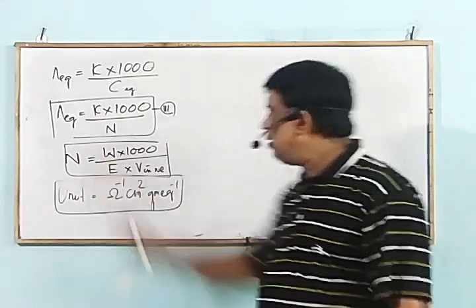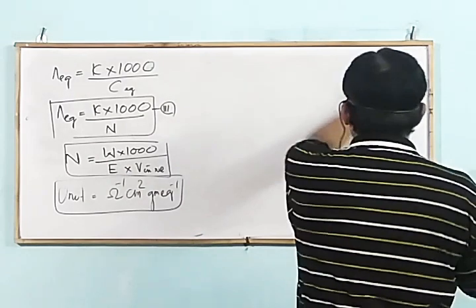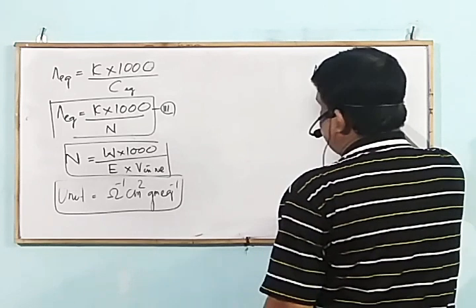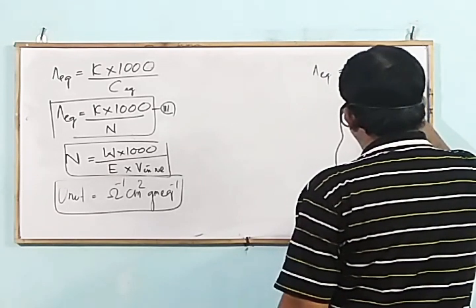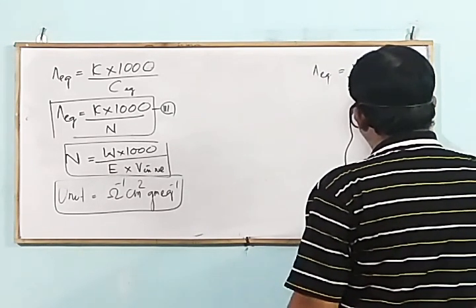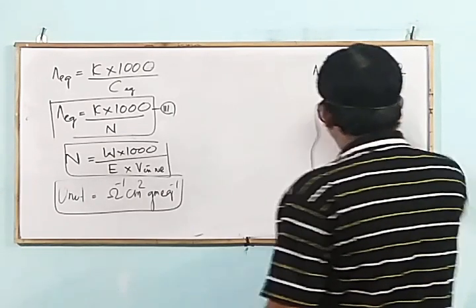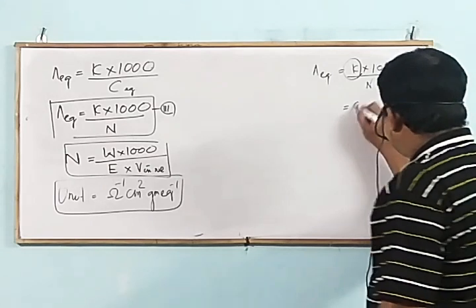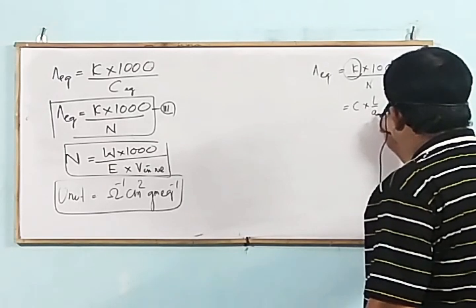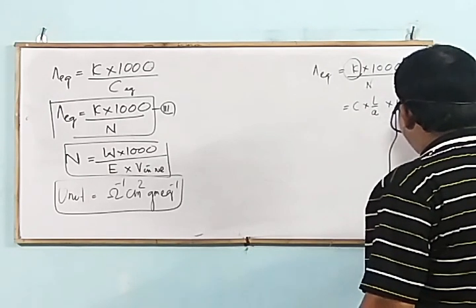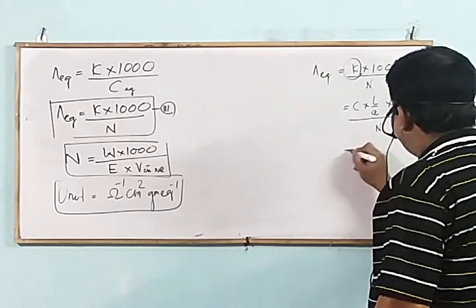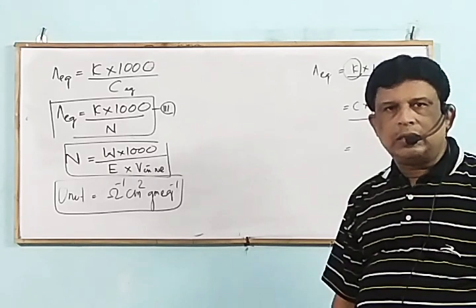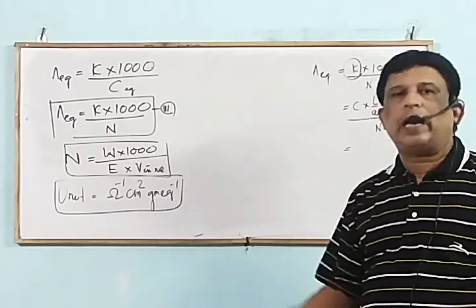What is the formula? I repeat again, the formula is: equivalent conductance is equal to kappa into 1000 by normality. Again, what is kappa? Kappa is known as specific conductance, that is C into L by A into 1000 by normality. Again, what is C? That is known as conductance. I can replace conductance by resistance.